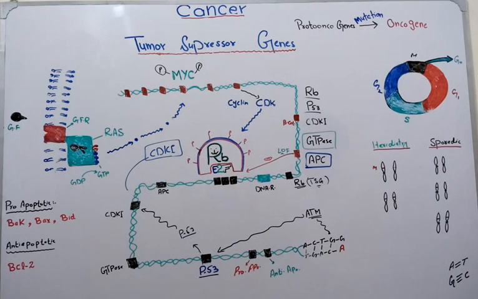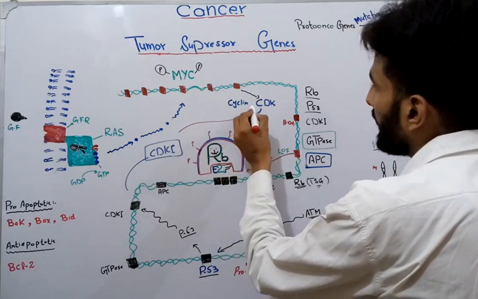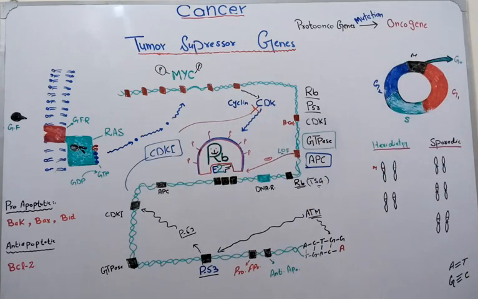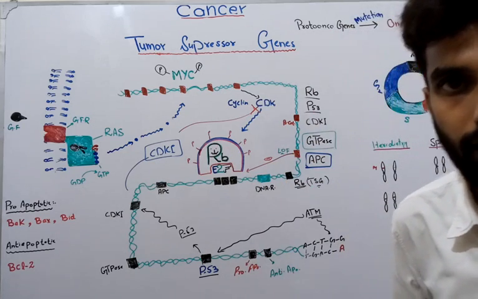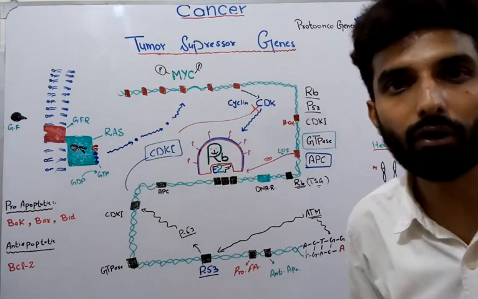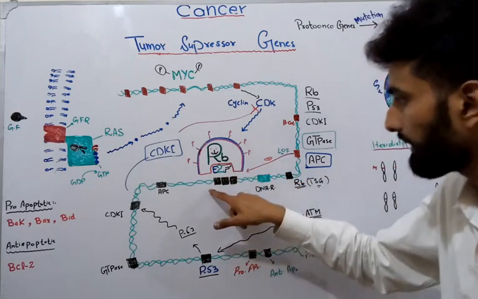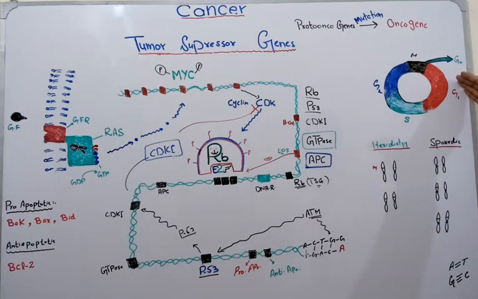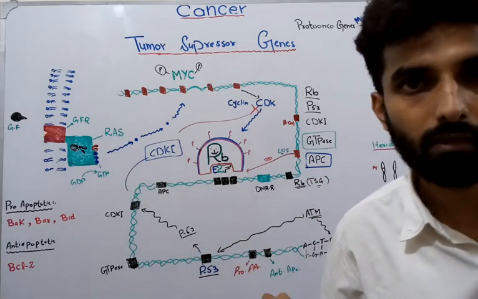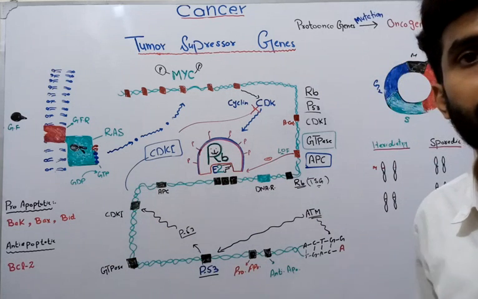Now this cyclin dependent kinase inhibitor will go and block the cyclin dependent kinase. Once the cyclin dependent kinase is blocked, the phosphorylation of RB protein will not take place. It means RB protein will not allow E2F to go and transcribe these genes. So the process of transcription and the process of moving from G1 to S phase will stop. So first of all, the cell cycle will be stopped by activating CDKI.